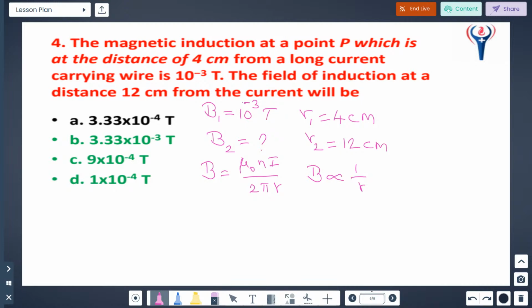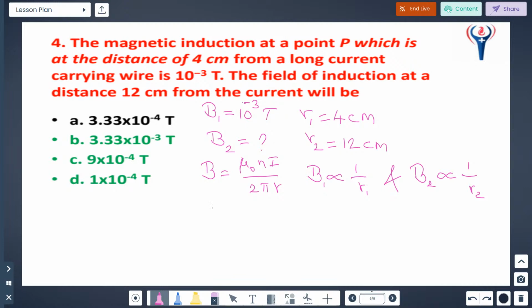Then two cases we are having. B1 is proportional to 1 by R1 and B2 is inversely proportional to R2. Then what you want to find? We want to find B2 only.